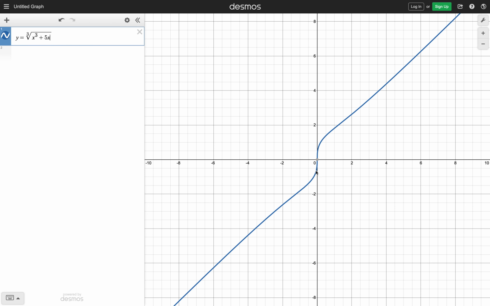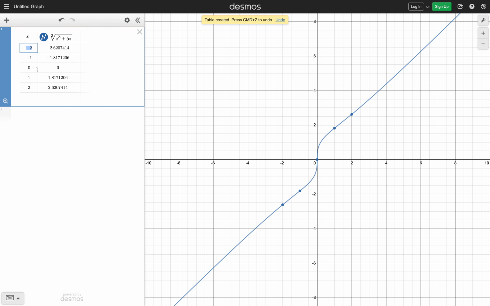It's like we'll have symmetry with respect to the origin, but again, for odd functions, opposite sign inputs will lead to opposite sign outputs.